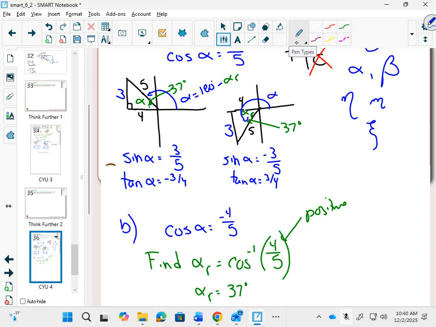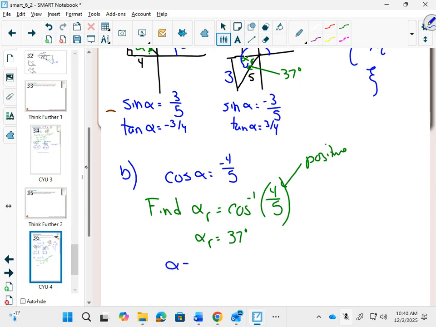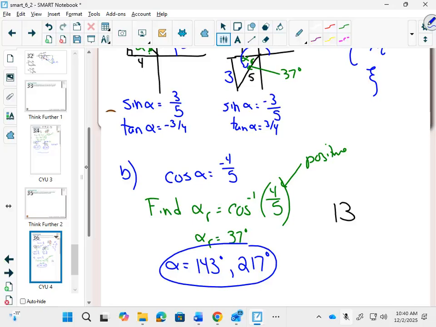And here alpha will equal 180 plus my reference angle. 180 minus 37, 143 degrees, and 180 plus 37, 217 degrees. So, also circle question number 13.